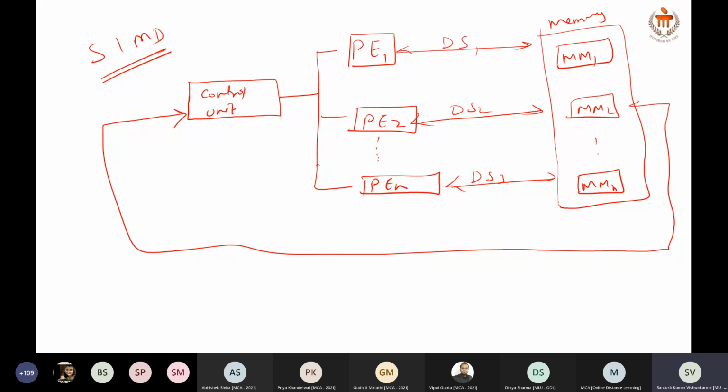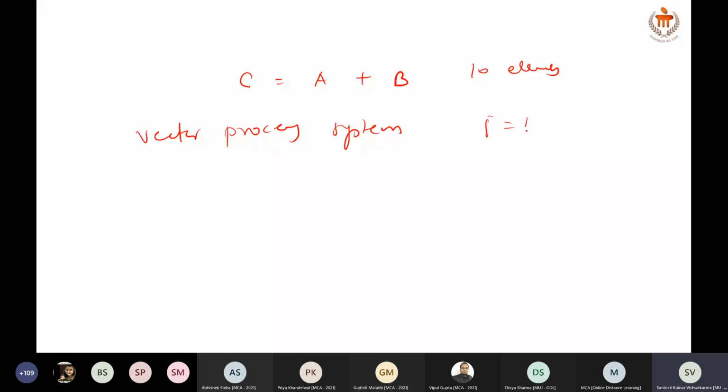If you want me to take one more example, let me go to the next slide. Suppose we need to do a vector addition, A plus B, with say 10 elements at the same time. When you understand the vector processing system, how does it work? In a traditional system, I would simply say we are going to execute a loop from 1 to 10, and then write the entire piece of code over here.